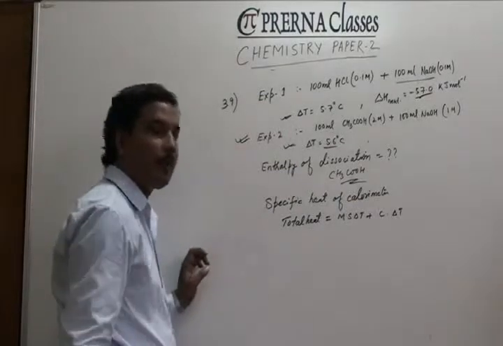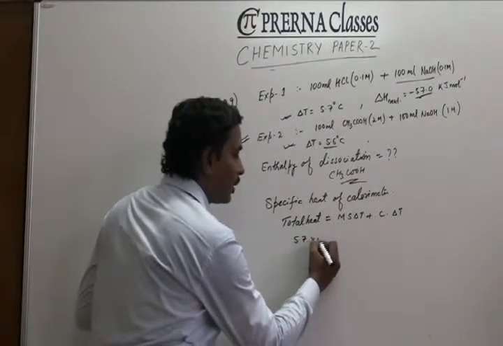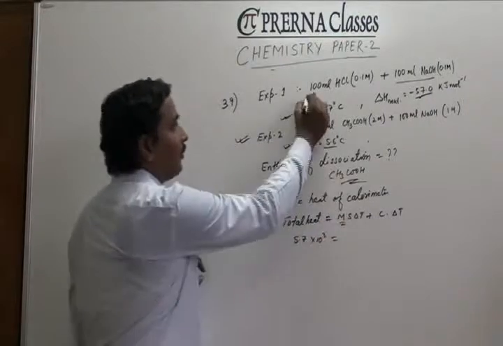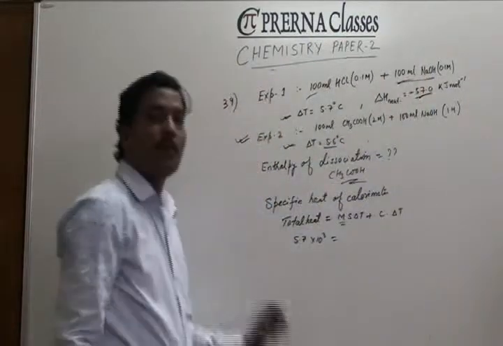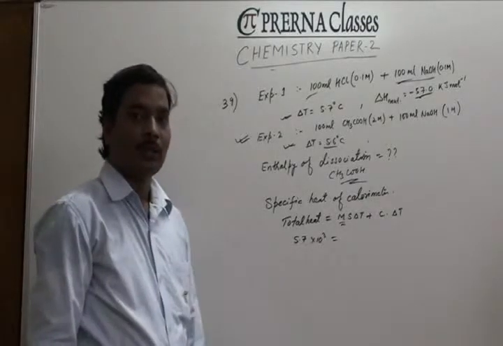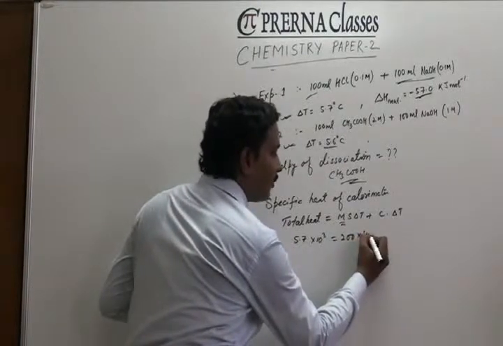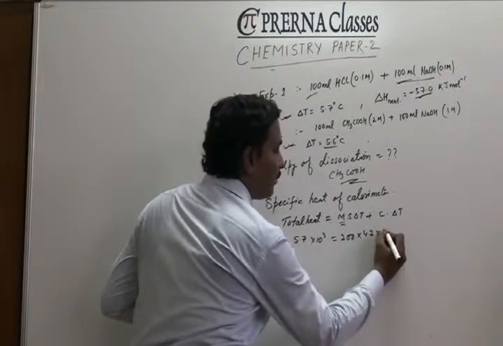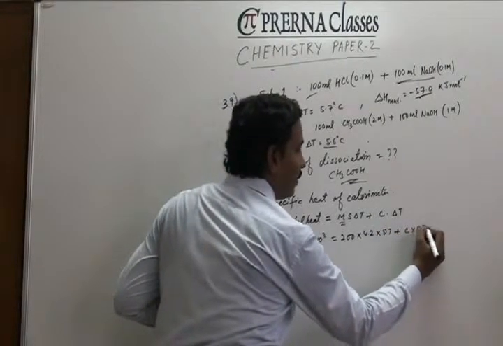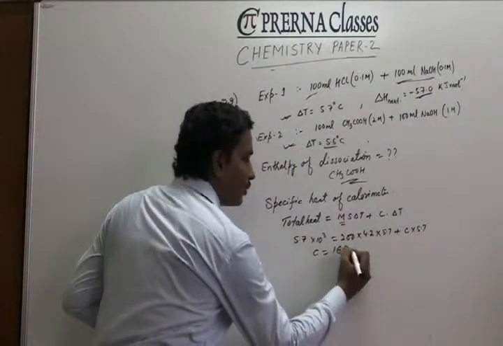For 0.1 mole it should be 5.7 kilojoule, that means 5.7 times 10 to the power 3 joule, and that should be equal to the mass. Since it is given 100 ml and 100 ml, the total volume is 200 ml and the density of the solution is given as 1. Therefore it should be 200 grams. Specific heat is given 4.2, del T is given 5.7, plus C into 5.7. The value of C is 160.